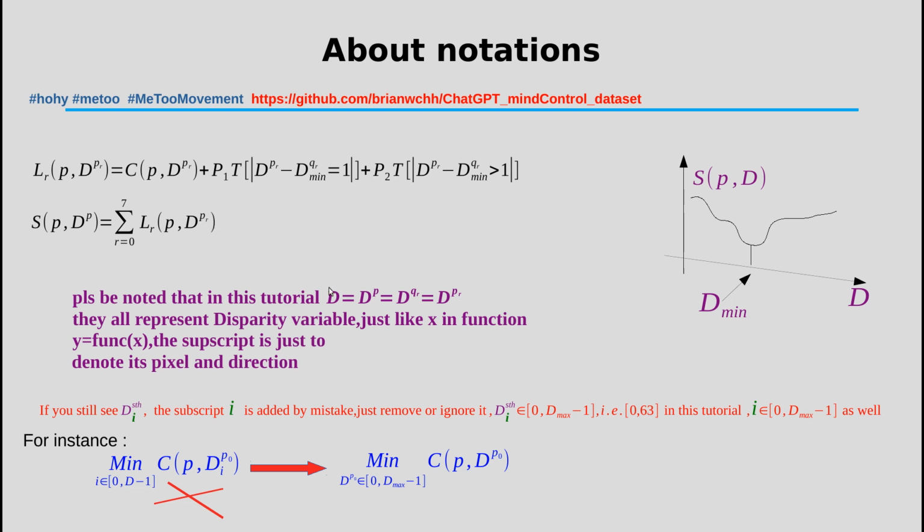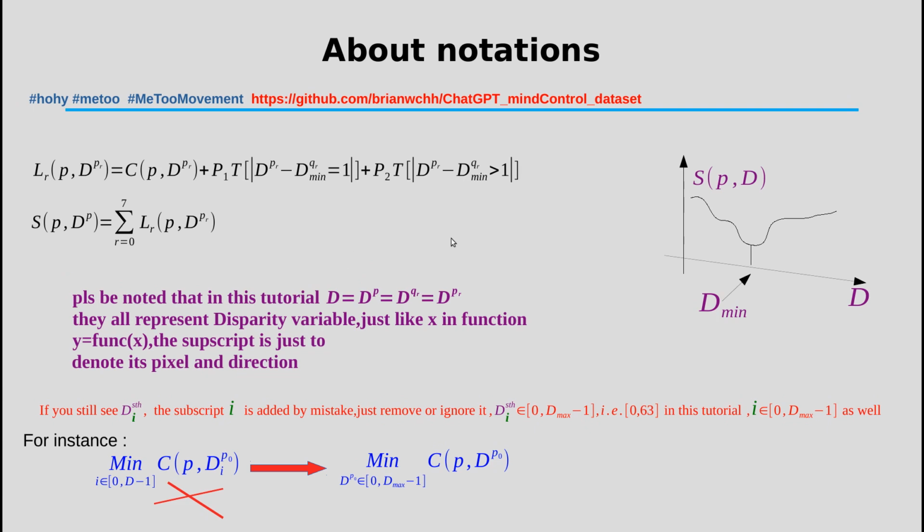Adding this just makes it meaningful, so it's easy to understand what the variable is associated with. For example, if you add a p, it means this disparity is a disparity map.